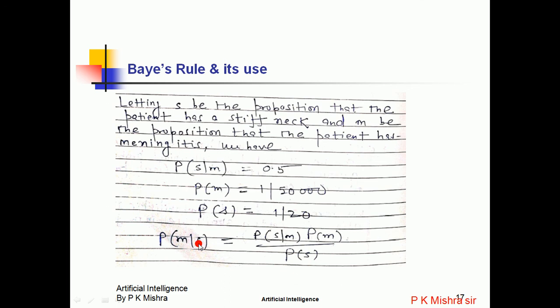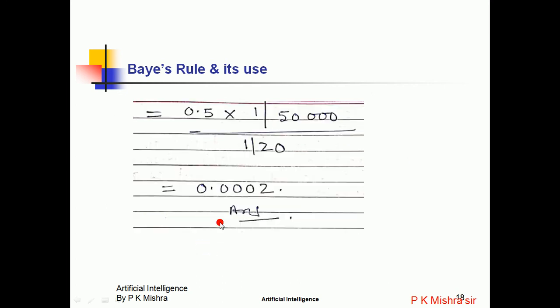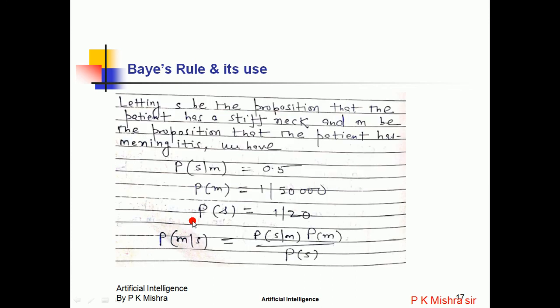The question asks for the probability of meningitis given stiff neck, and probability of stiff neck given meningitis is given. The answer is 0.0002. This is how we can use the Bayesian equation to calculate the probability. This is all about the Bayesian rule and its use.